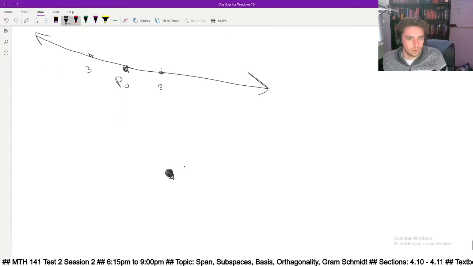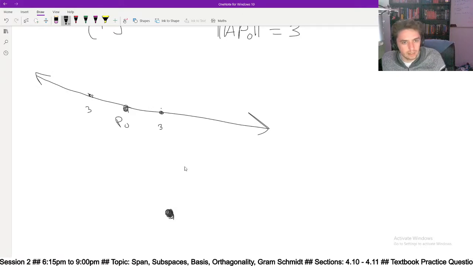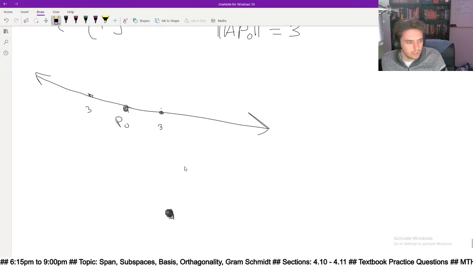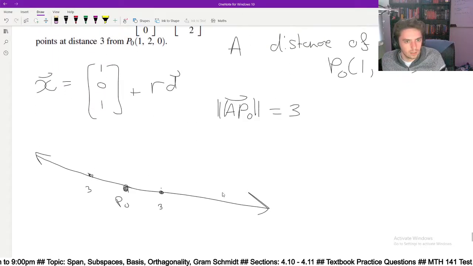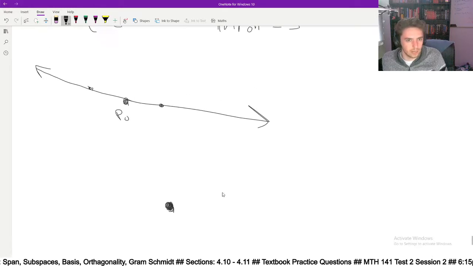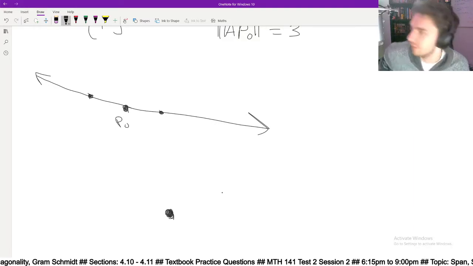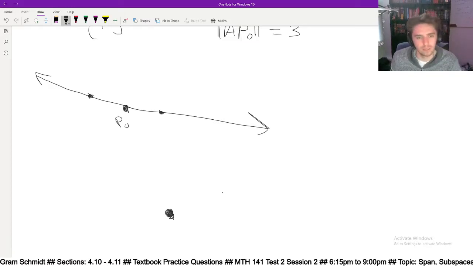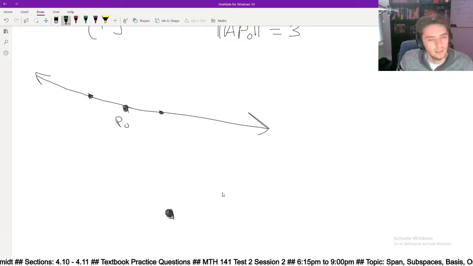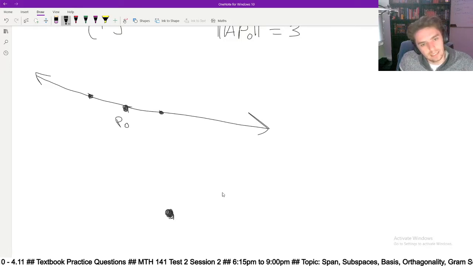So pretty much what we're saying is, let me see. Okay, I'll explain it a little bit, but I don't know if it's going to work. The line that's given is P naught, and then it has a direction vector, right?